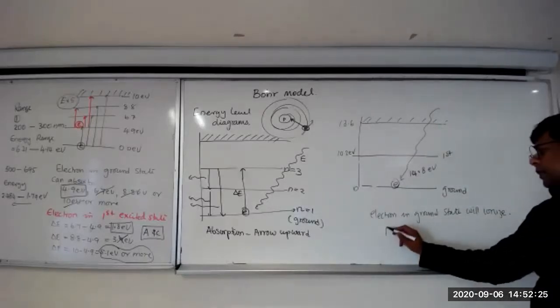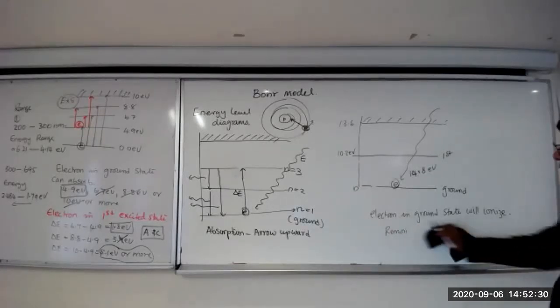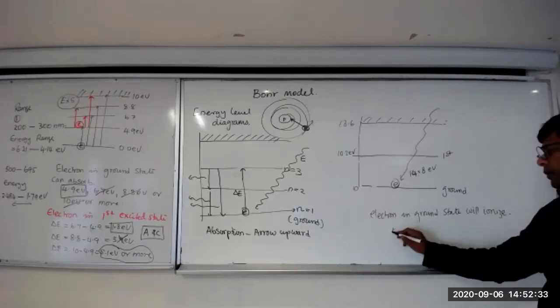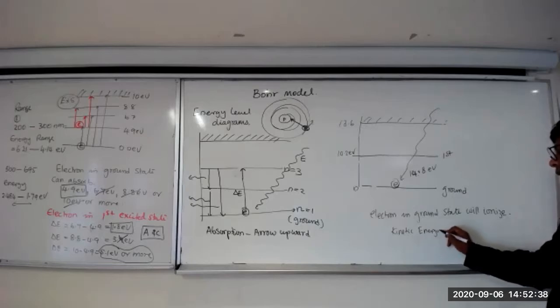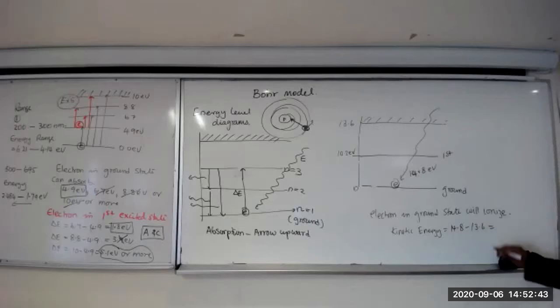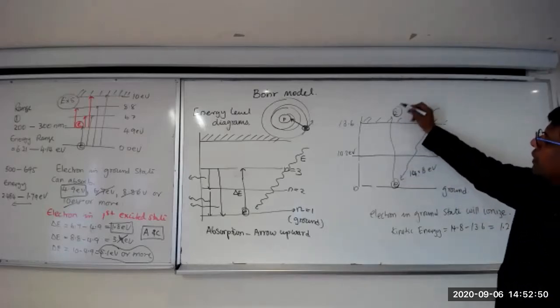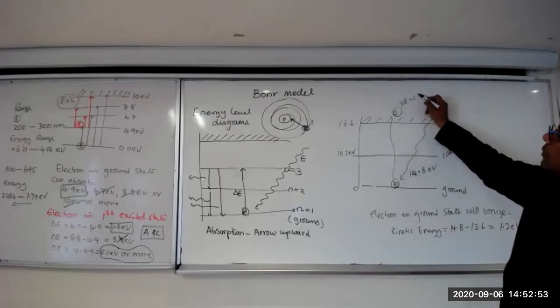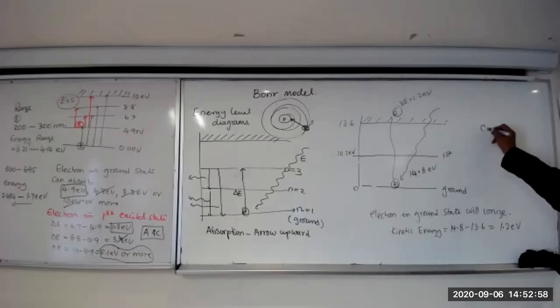The remainder is the kinetic energy of the electron. We supply 14.8, minus 13.6, the difference is 1.2. That's kinetic energy. It escapes completely with the kinetic energy of 1.2, for the one in the ground state. So the answer should be C. Okay, we'll hang on to that.